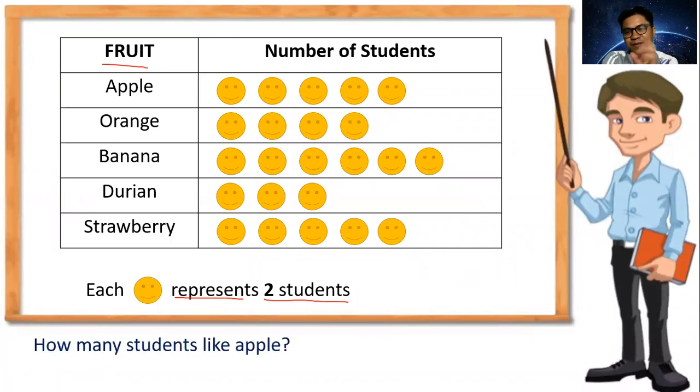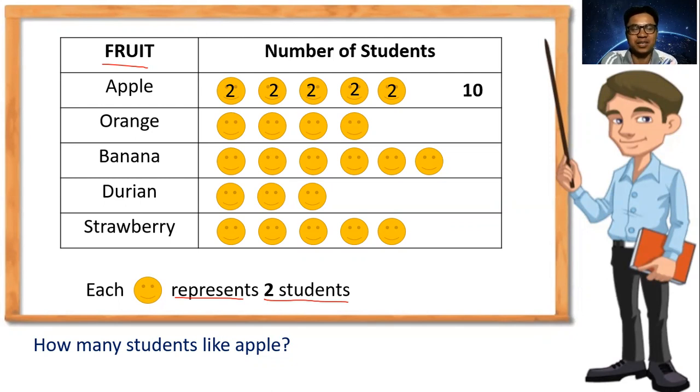If one smiley represents two students, how many students like apple? Let's take a look. Each smiley represents two students. Two, two, two, two, two. How many all in all? Total is 10. So 2 times 5. There are 5 smileys, times 2 equals 10.